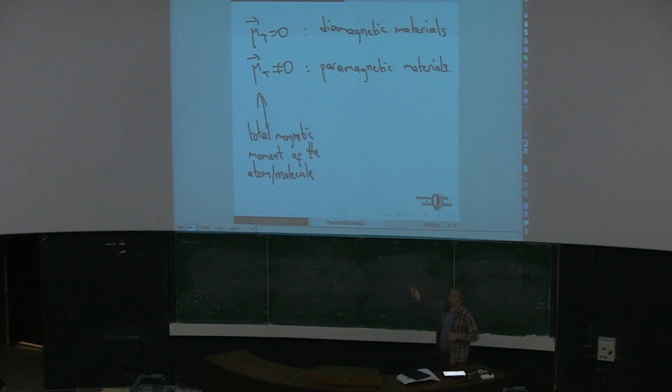But these magnetic moments, in general, will be aligned randomly. If one magnetic moment is pointing in this direction, the one next to it will be pointing in another direction, the one next to it will be pointing in that direction, etc. So they're all randomly distributed. And so the total magnetic moment of the material itself will be 0.